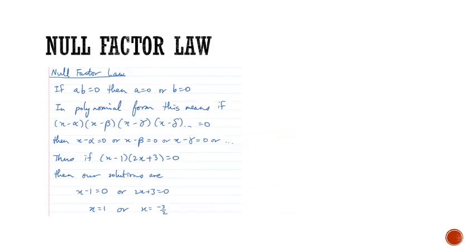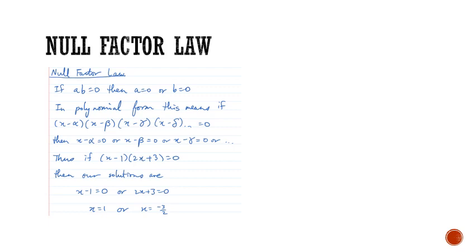Now, you will need to know what the null factor law is first. The null factor law suggests that if you have two numbers multiplying, a times b, give you 0, then either a is 0 or b is 0. So one of them will be a 0 because you have to multiply by 0 to get you a 0. If you have this in polynomial form, that means one of these brackets has to equate to a 0.